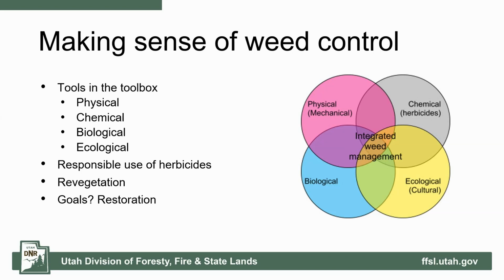So we're looking at revegetation and restoration and what are our goals, and we're really trying to focus on what is the context of the work that we're doing, why we are doing it, and then trying to achieve a state where we have our restoration goal, our desired end state, and don't need to rely on herbicides anymore. And really, part of responsible herbicide use is also using this integrated approach, because often chemical alone will not do the trick. So we have to incorporate all of these different strategies.